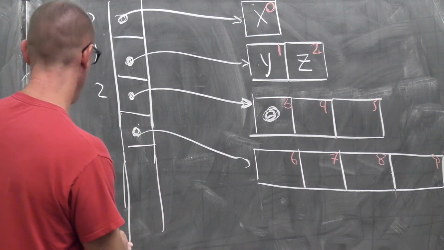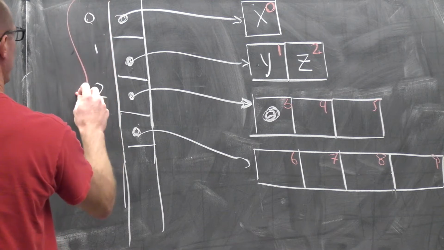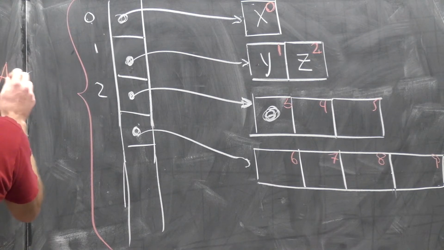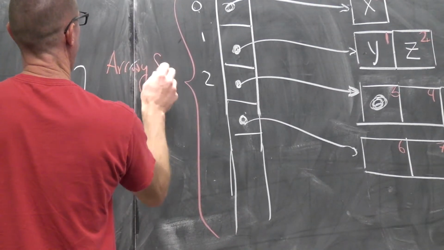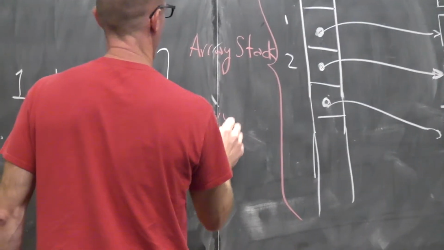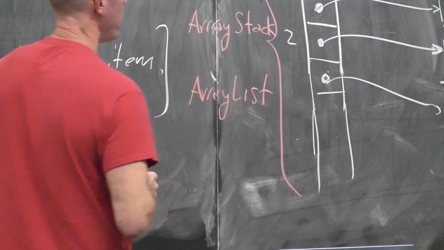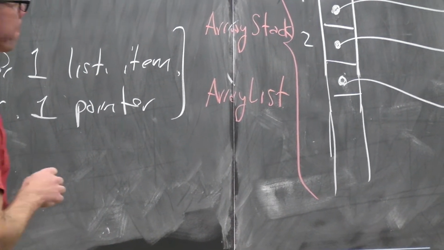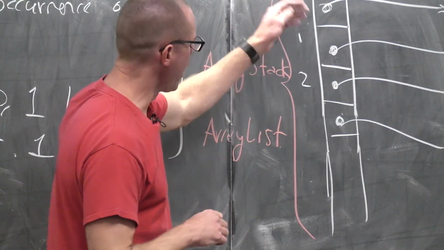So this structure is also an array that can grow and shrink. For that, we'll use an array stack. Or, in the Java collections framework, that's an array list.